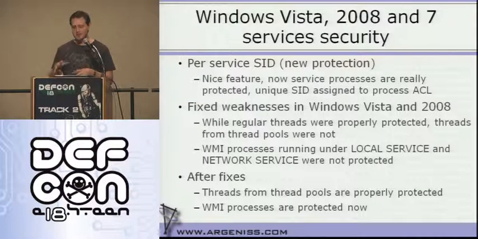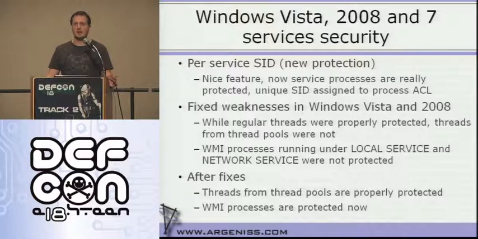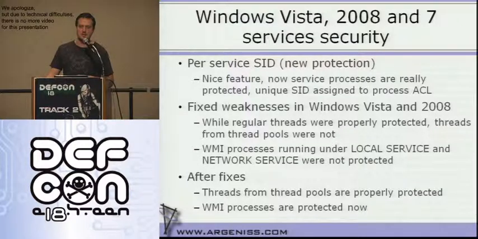Basically, this is almost the same protection they added to fix the issues on Windows XP and 2003. I found a couple of weaknesses on Windows Vista and 2008. While regular threads were properly protected by an ACL, the same as the process, the threads from thread pools, a special kind of thread managed by pools on Windows, a functionality provided to automatically manage threads, had the default ACL.